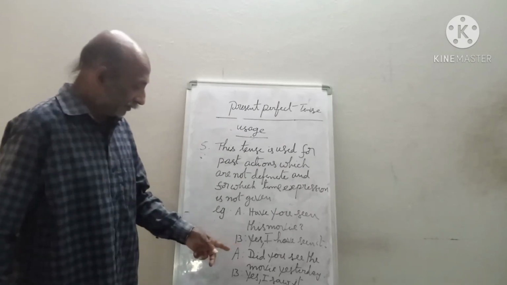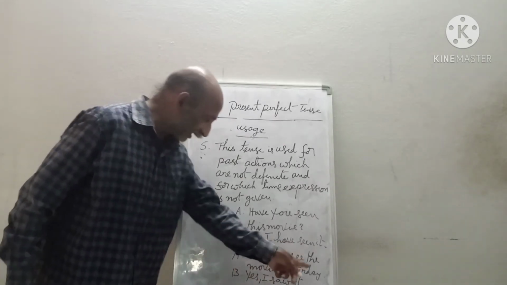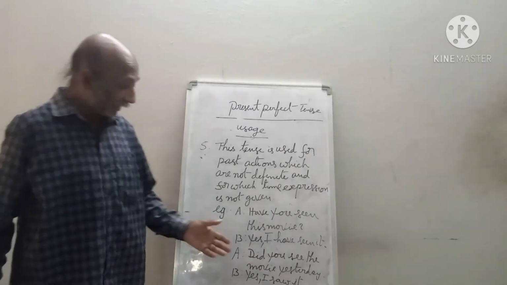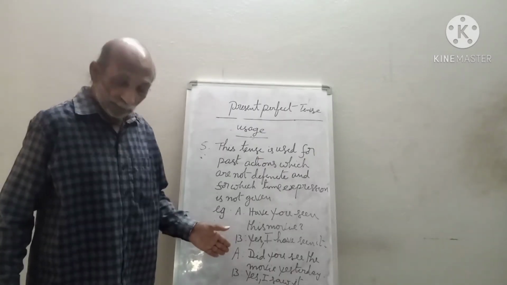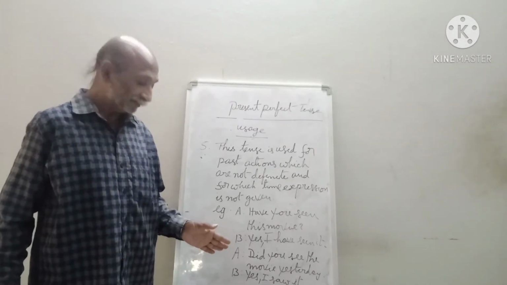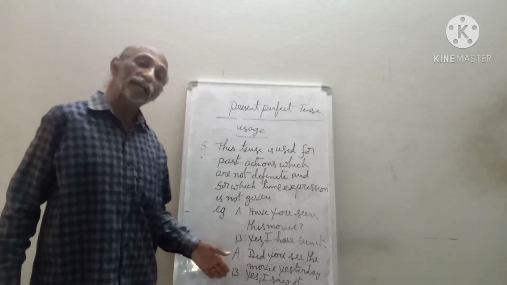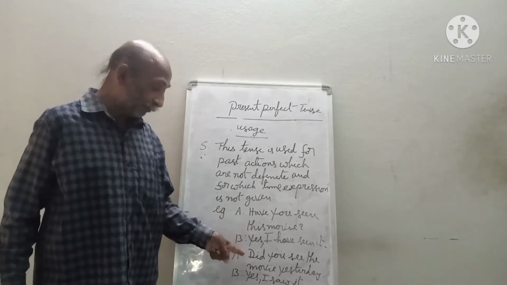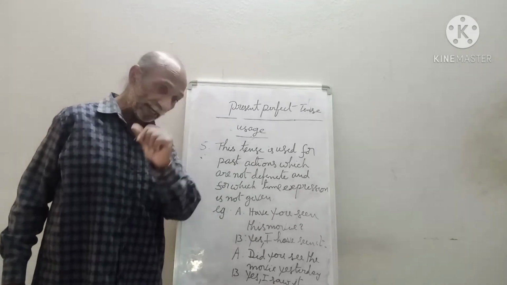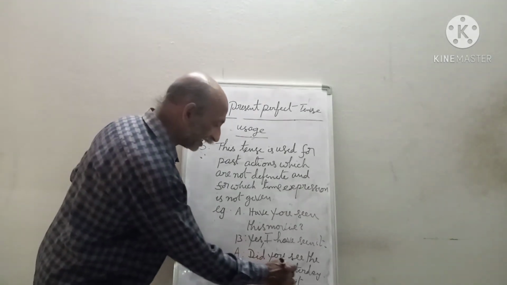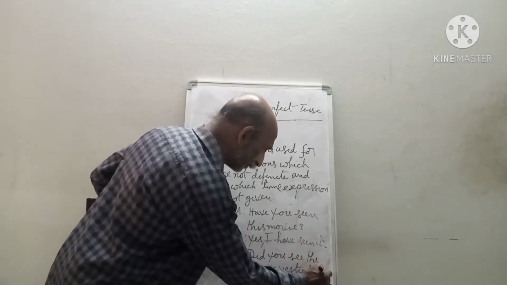For example, now, did you see the movie yesterday? Here, A is not sure whether B saw the movie or not. But he put the question in past tense. Why? Because the time expression yesterday is mentioned here.